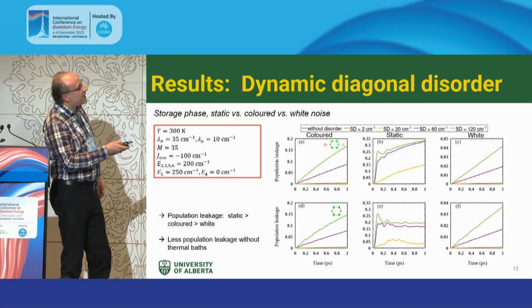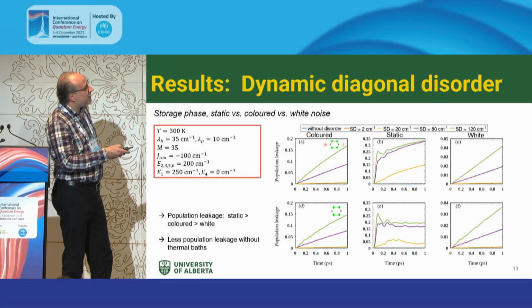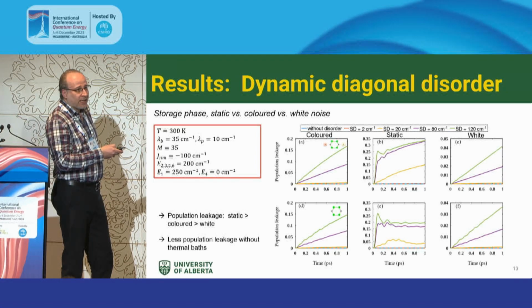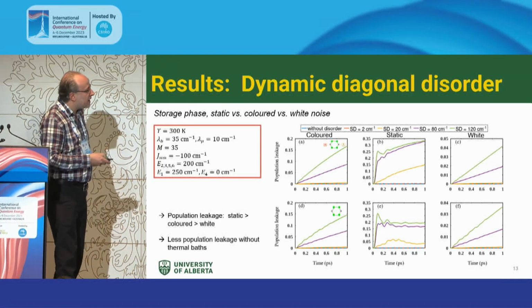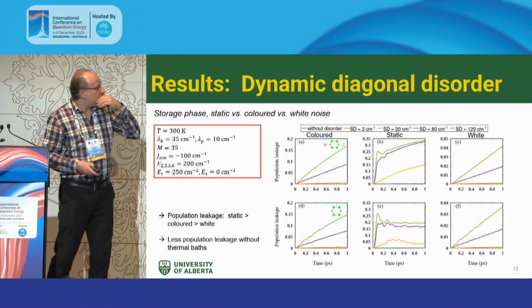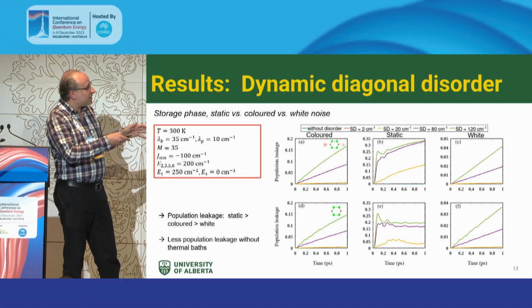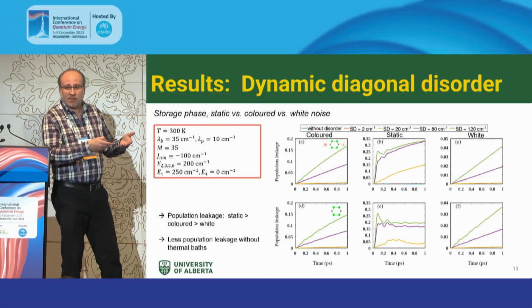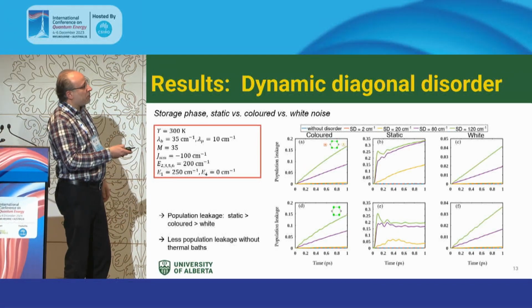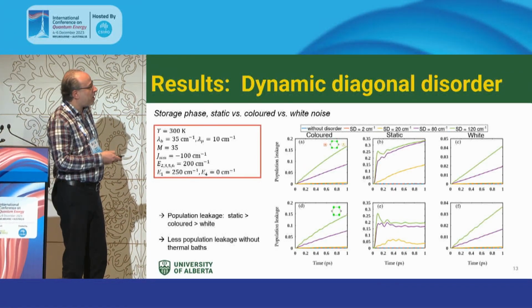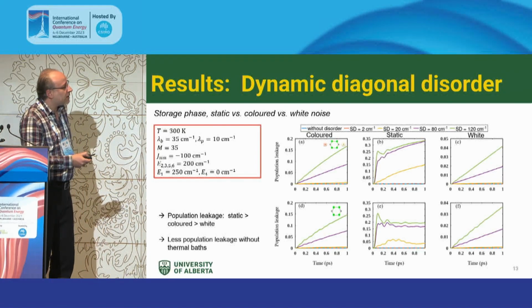Now, comparing colored to static to white noise, if we focus on the top panels, the population leakage in the case of static disorder is larger than in the case of colored noise, which is larger than in the case of white noise. If you look at the numbers here, you'll see that. This is a reflection of the ability of these different types of disorder to restore the system to symmetric or near-symmetric conditions. And when we remove the baths, we see that there is less population leakage without the baths.